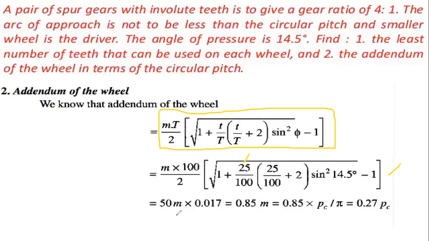So by substituting all the values we get 50m into 0.017, and by multiplying with the 50m we get 0.85 module, that is 0.85 times the module.